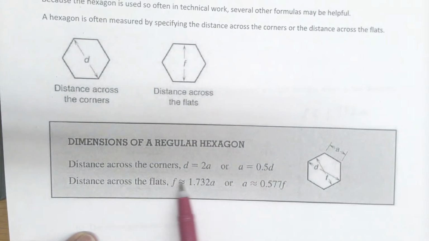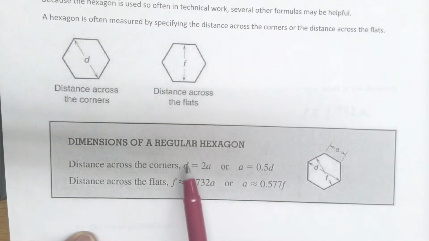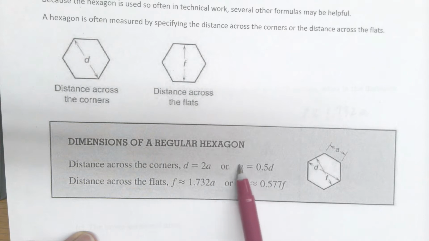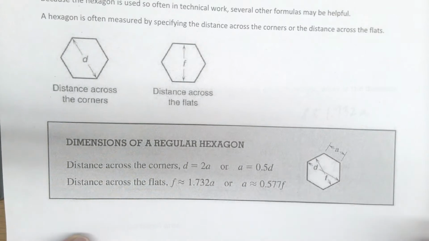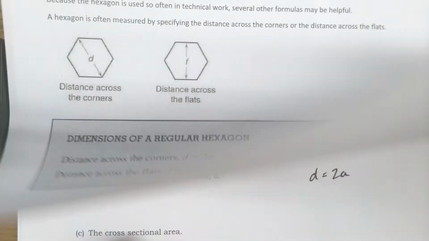And I just need to be able to work with my diagonal and my flat to find A. And so the diagonal is twice A, so A is half of the diagonal. And the flat is 1.732 times A, or A is 0.577 times the flat.